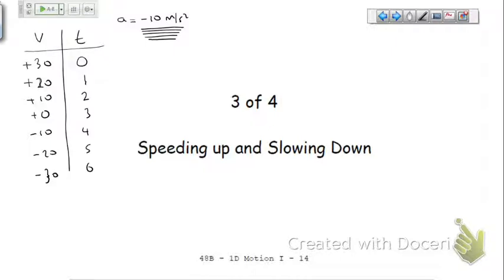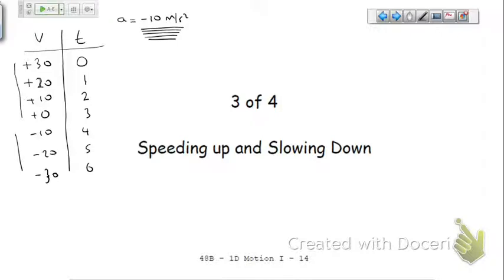And yes, initially, I am slowing down. The ball goes up and it slows down. Isn't that what we decided? But watch. Once I stop, I still have a negative acceleration, but now I'm speeding up. I'm speeding up in a negative direction, but I'm speeding up.